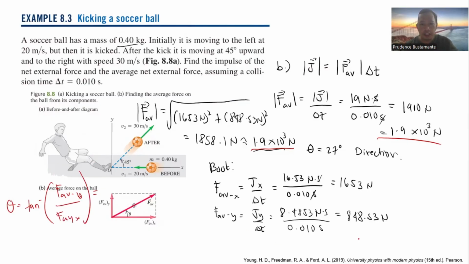If you use this value, shift tangent inverse of 848.53 over 1653, it is the same: 27 degrees, or 27.12172, but in two significant figures, 27 degrees.